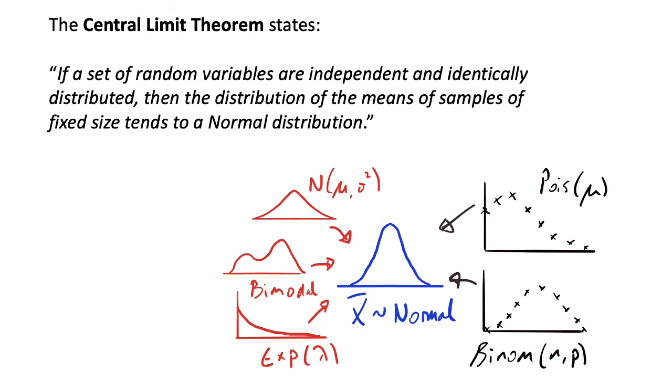And on the right, we've got a couple of discrete distributions, Poisson with rate parameter mu, or a binomial with parameters n and p. So irrespective of what distribution we start with, when we apply this process of repeatedly taking samples of a fixed size, calculating the means, and looking at the distribution of the means, it's always going to be a normal distribution.